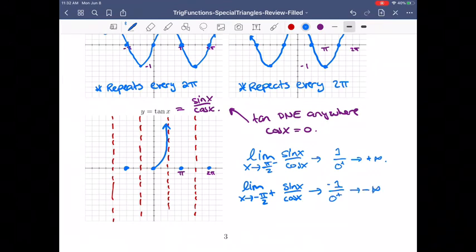Okay, so here we go to negative infinity. So you get something like this. And in fact, that shape just repeats over and over again.